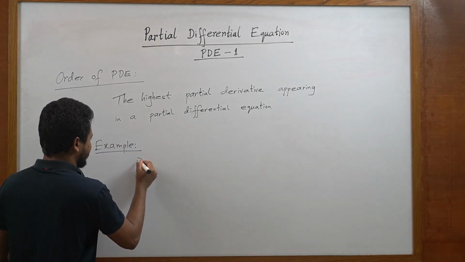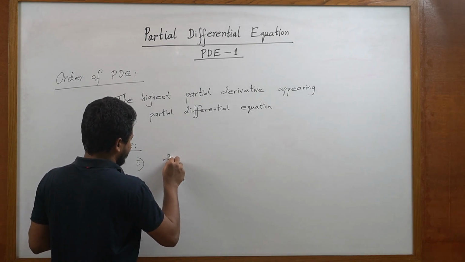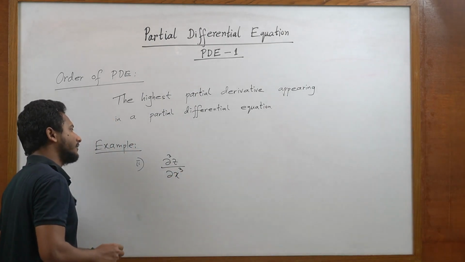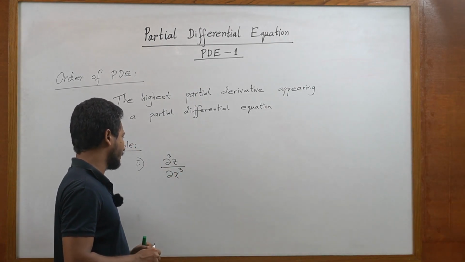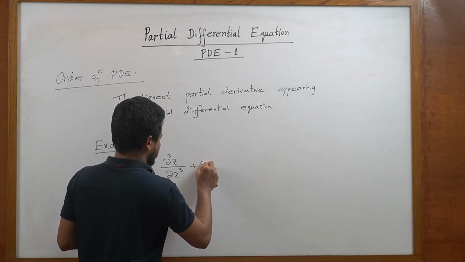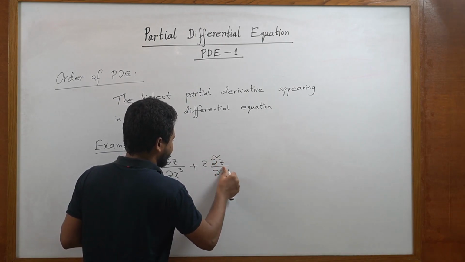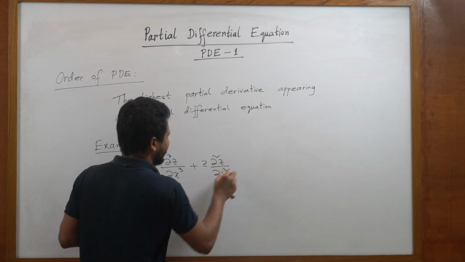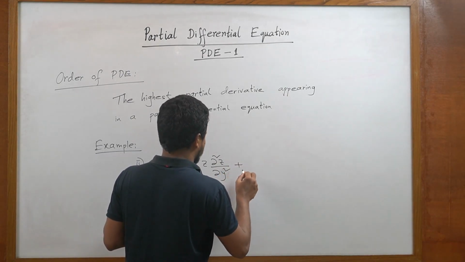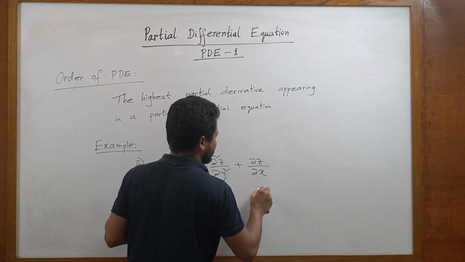Let's go to the second example. Here third partial derivative operator present plus z second derivative operator with respect to y plus first partial derivative operator with respect to x equal to 0.